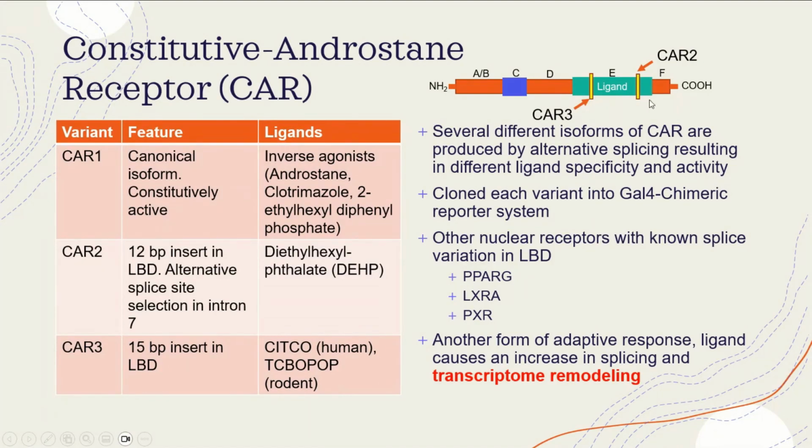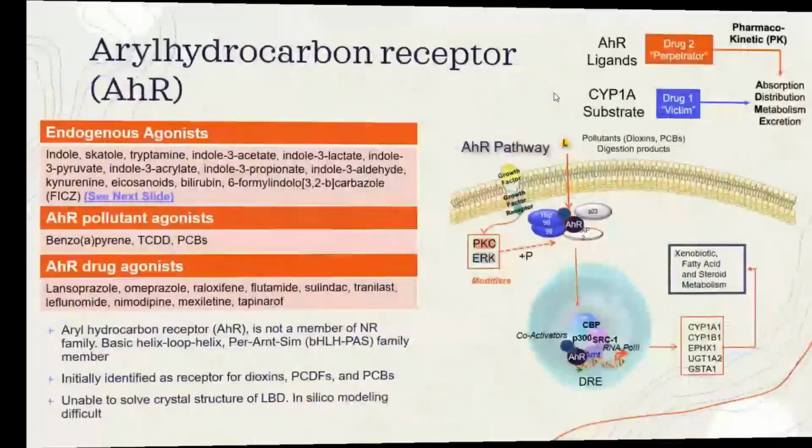So our assays are able to look at all three different types of ligands that are all going to regulate drug metabolism, but they're different isoforms. And it's actually a very interesting form of adaptive response where ligands like DEHP are probably causing an increase in transcriptome rearrangement to lead to more of the CAR2 receptor relative to the other splice variants.